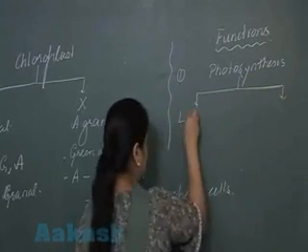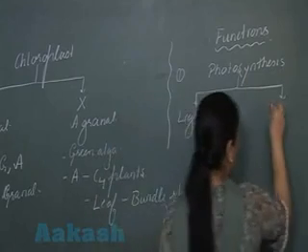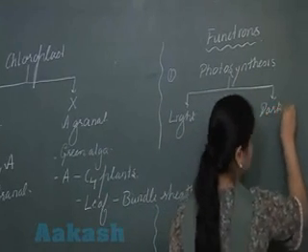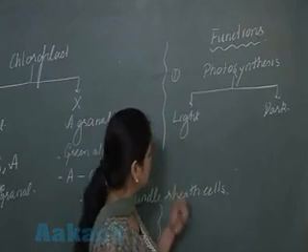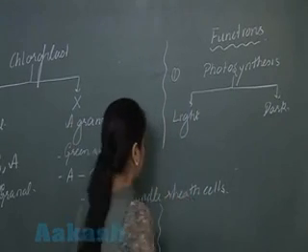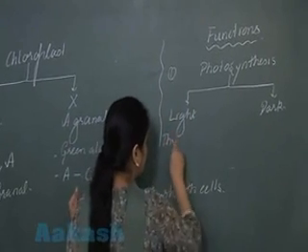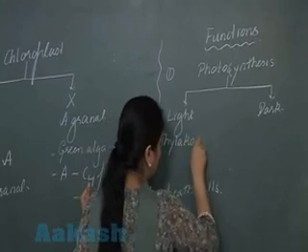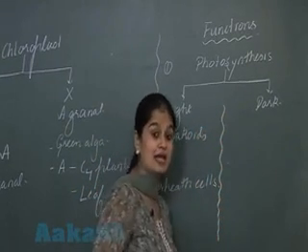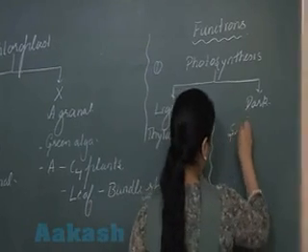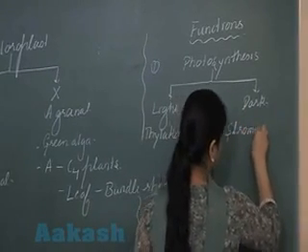That is light phase and dark phase. So just now I had discussed what is the site for the light reaction. The site for the light reaction is thylakoids, right? And the site for the dark reaction is stroma.